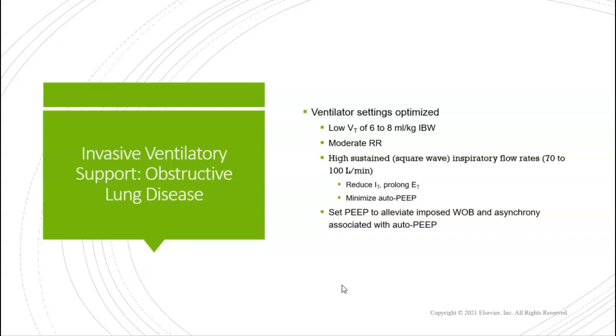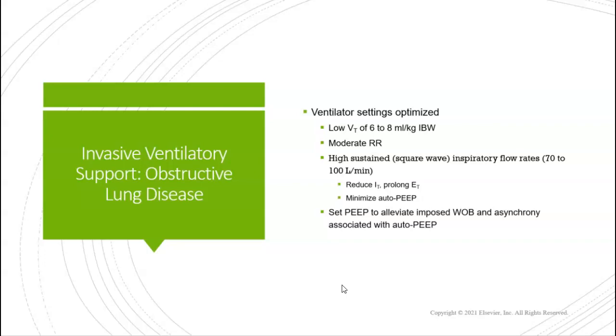Most patients, except for your ARDS patients where you can go as low as 4, you want to pick a tidal volume between 6 and 8 milliliters per kilogram. Okay, moderate respiratory rates to try to compensate, make sure you're blowing off enough CO2 for your COPD patients, but typically initial respiratory rates are going to be set somewhere between 10 to 16.